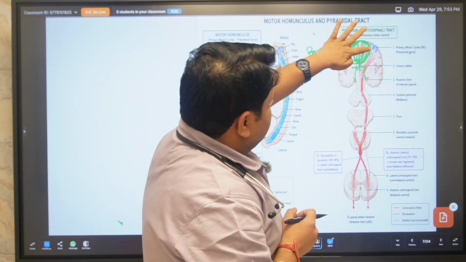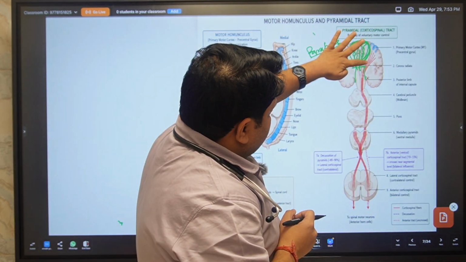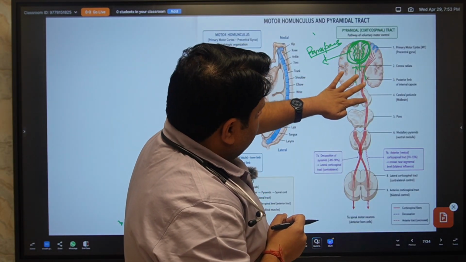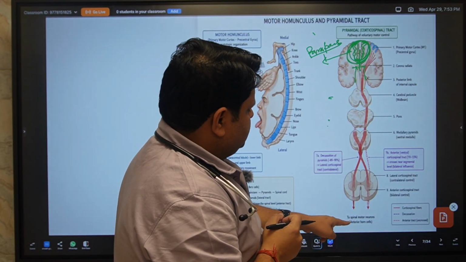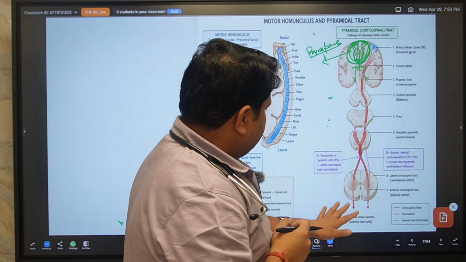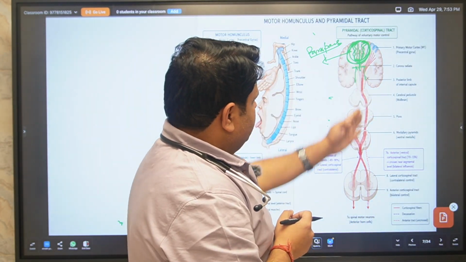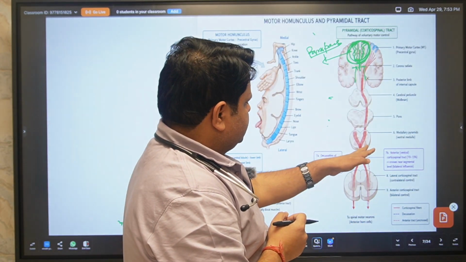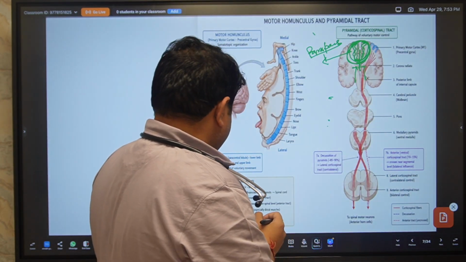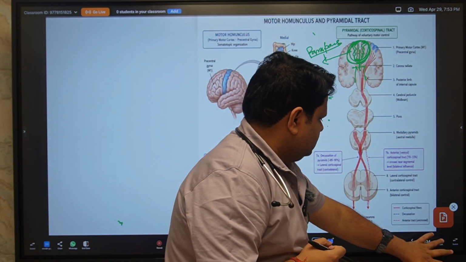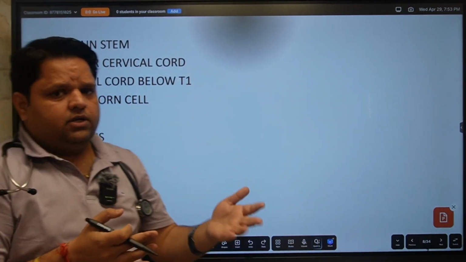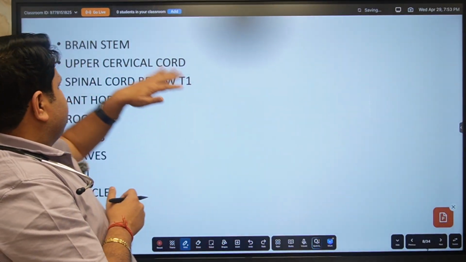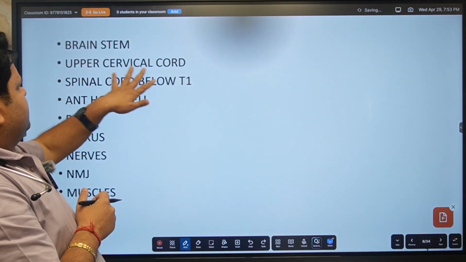As I discussed, the fiber goes down through the corona radiata, internal capsule, midbrain, pons, and medulla; at the level of the lower medulla it crosses to the opposite side and supplies the lower limb and the upper limb. So the corticospinal tract crosses at the medulla and supplies the opposite side. After the cortical lesion, paraparesis may be due to a brainstem lesion or upper cervical cord lesion.